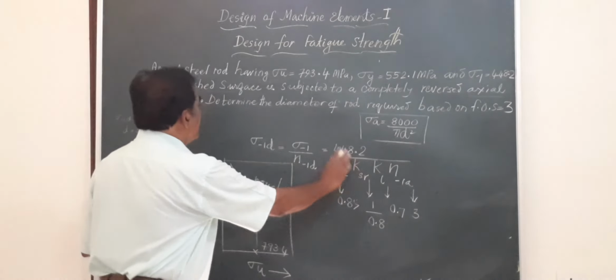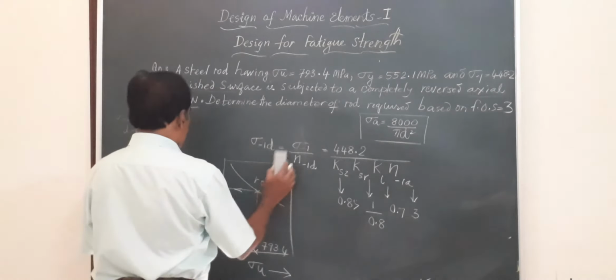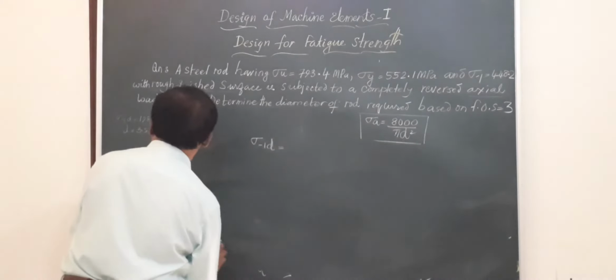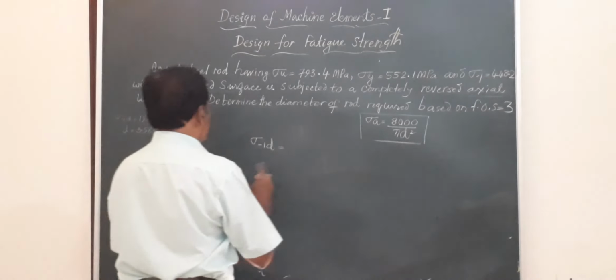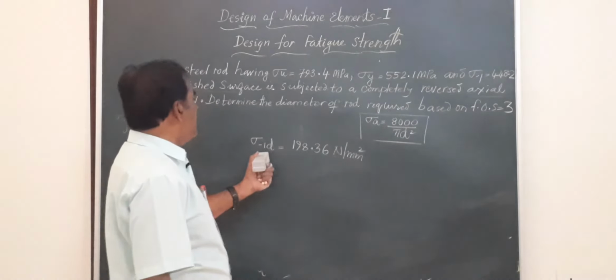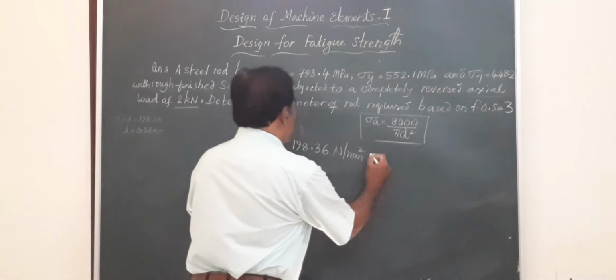Friends, if you simplify this with this substitution, you are going to get the value of sigma minus 1d as 198.36 Newton per mm square. Friends, you know sigma a, which is in terms of d, to be found out, and sigma minus 1d is a known quantity. Just equate them and get the value of d.